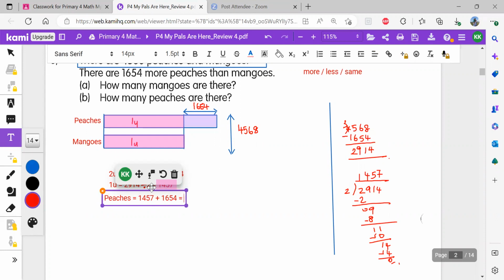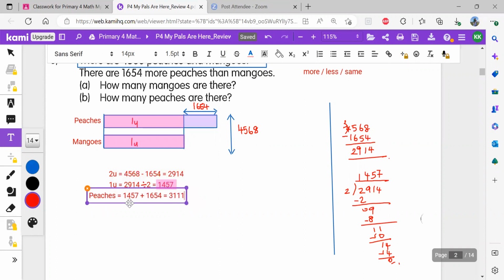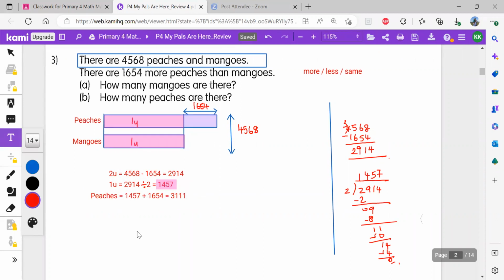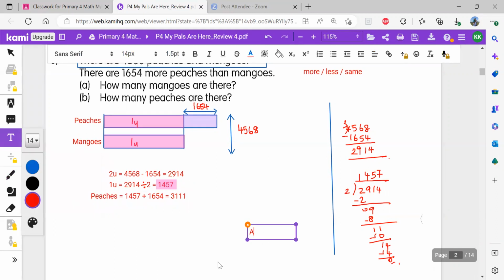And that will give me 3111. So you will get 3111 peaches. All right, so the answer for part A will be 1457. And for part B is 3111.